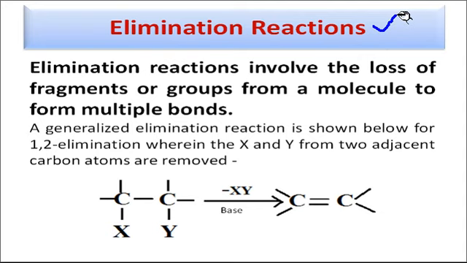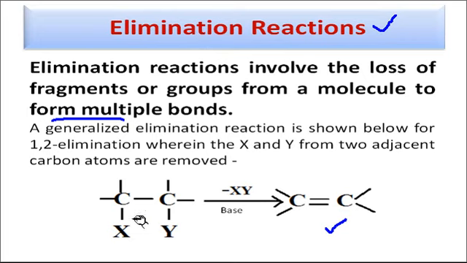What are elimination reactions? Basically, elimination reactions are those reactions which involve the loss of fragments or groups from a molecule to form multiple bonds. That means with the elimination of atoms or groups of atoms from the organic compound, there is the formation of an unsaturated compound. These reactions are known as elimination reactions.